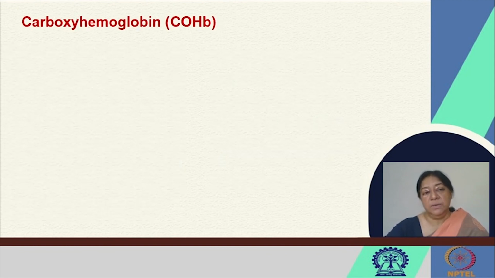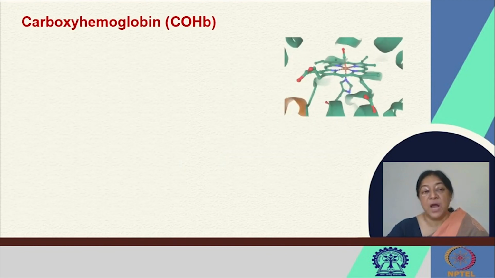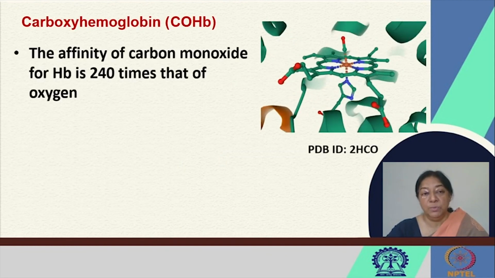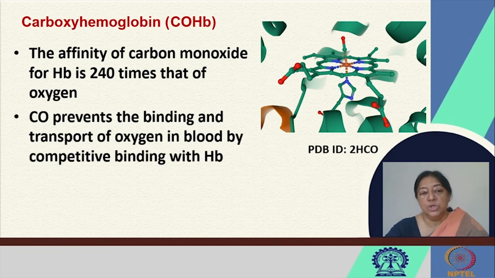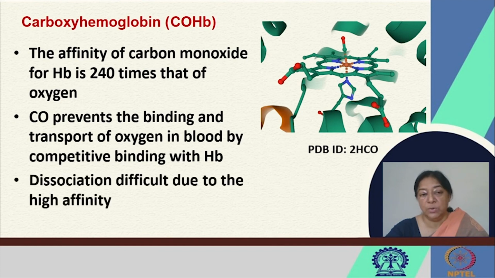In carboxyhemoglobin, where we have carbon monoxide bound to hemoglobin, the affinity of carbon monoxide for hemoglobin is 240 times more than that of oxygen. So carbon monoxide prevents the binding and transport of oxygen in the blood by competitive binding with the hemoglobin molecule.